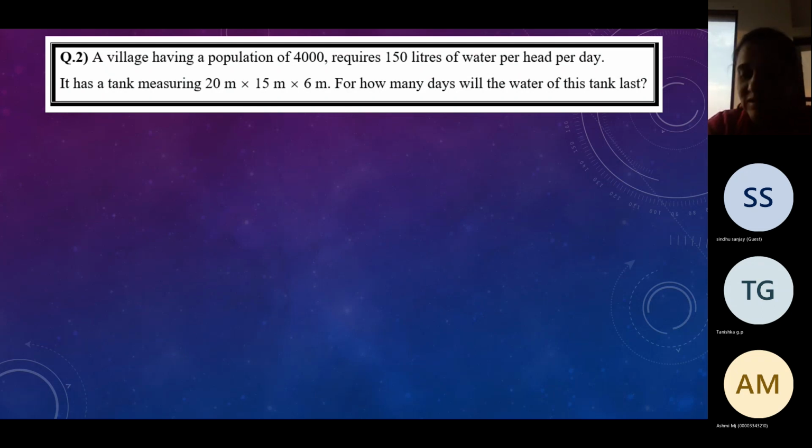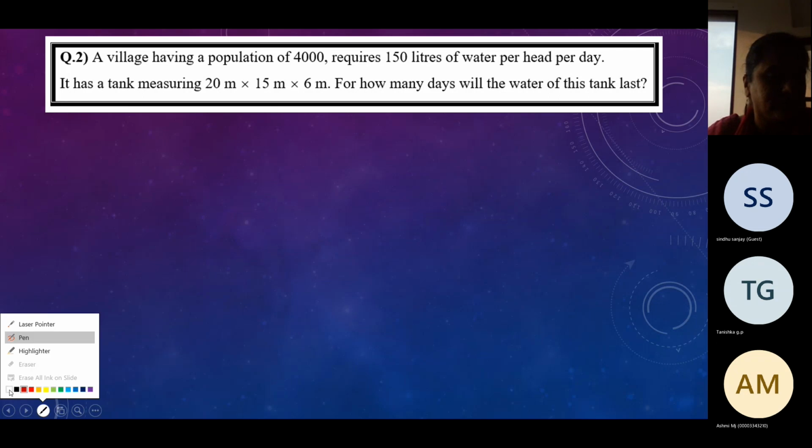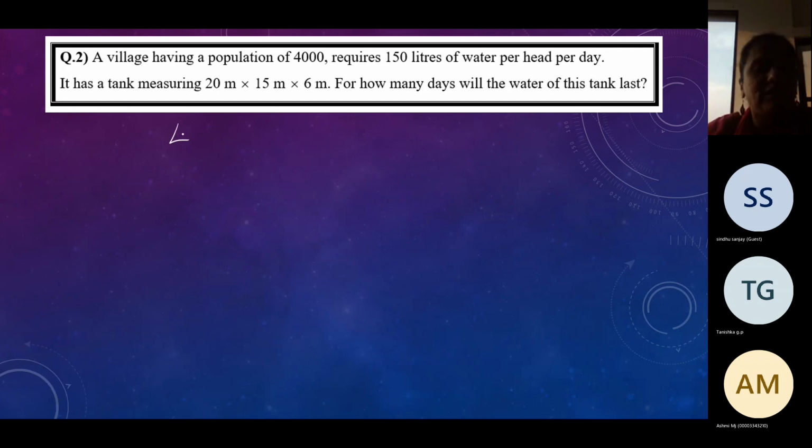Now the village has a population of 4,000, and the amount of water required per person is 150 liters. So if you multiply this by 150, this is the amount of water required for 4,000 people.